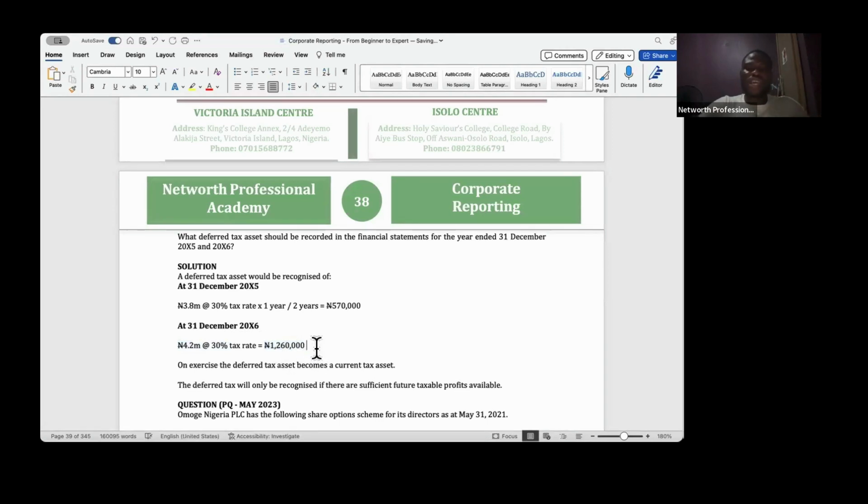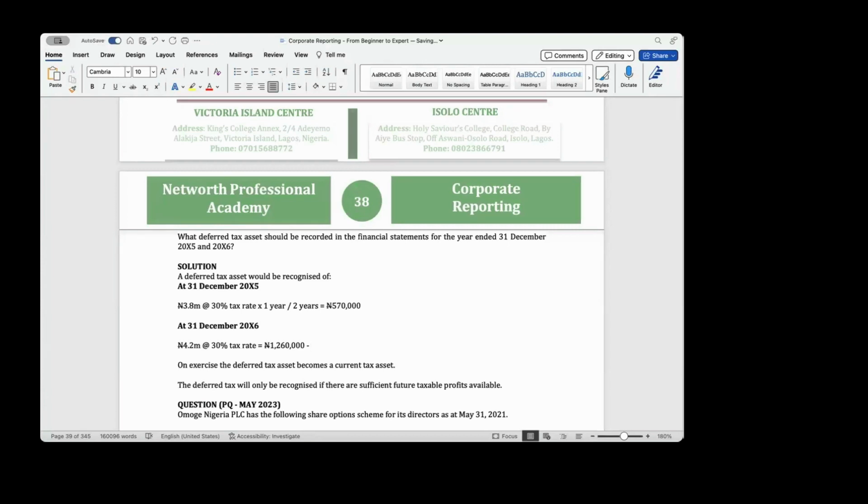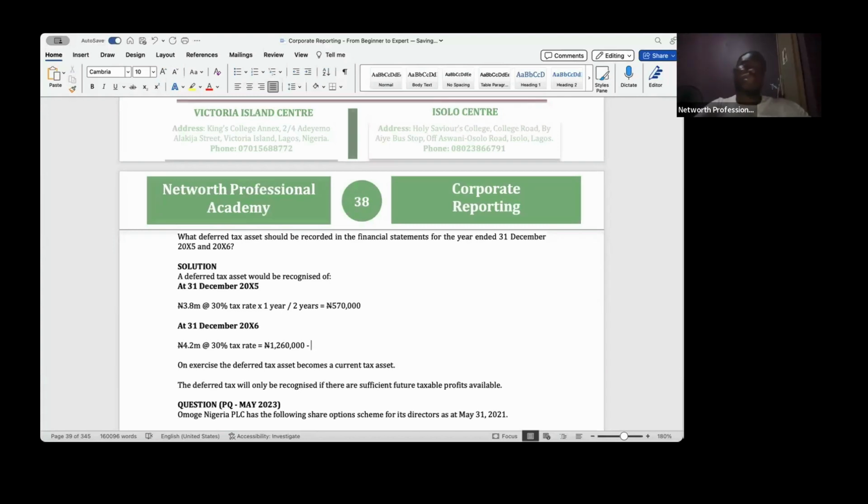Now, for year 2, what goes to my P or L is the increase or decrease in that deferred tax. So by the time we do 1260 minus 570, that would be 690.